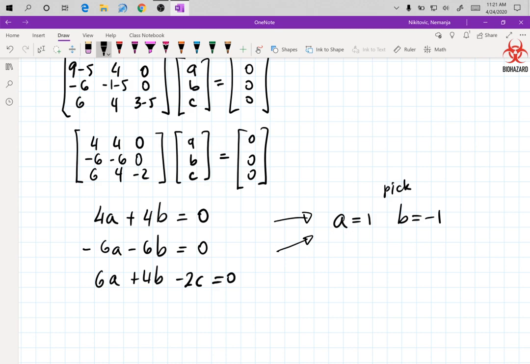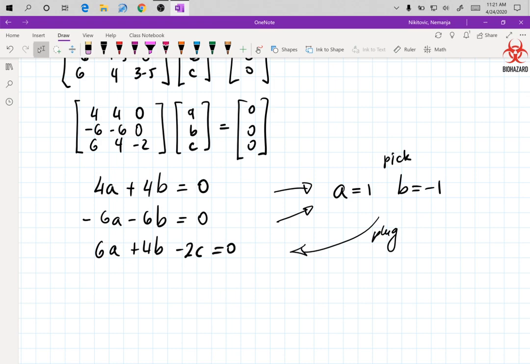If you want e and negative e, go ahead. Then we plug those in here to get c. So that's 6 minus 4 equals 2c, so c equals 1.